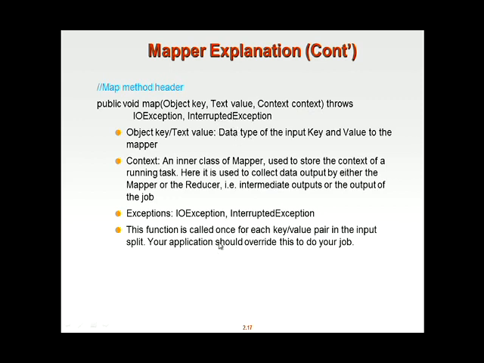So this function is called once for each key value pair in the input data, which means that for word count, each document ID and document, each key and value pair, will be processed by one map function. So it reads one key and one input document, one value, right? So each key value pair will be processed by one map function.